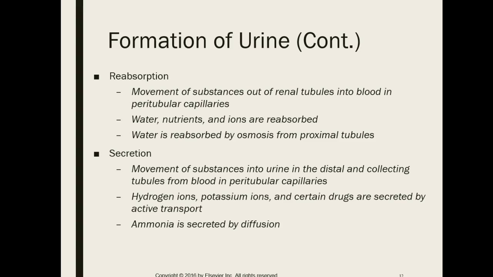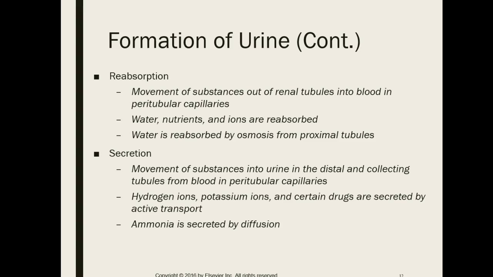So if there's a certain ion or something like that that the body doesn't need, then secretion will occur, which is the movement of substances back into the urine from the peritubular capillaries. So secretion is essentially reabsorption reversed.